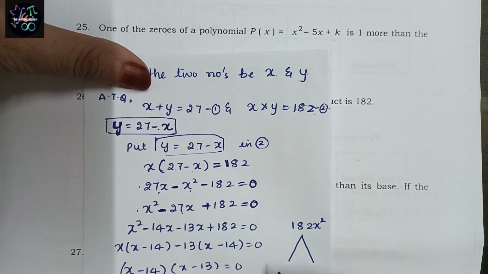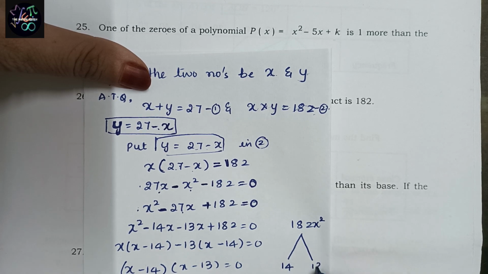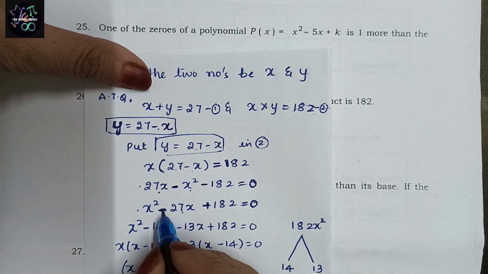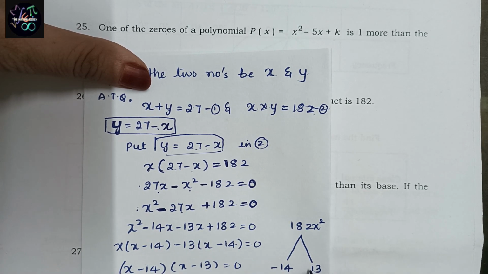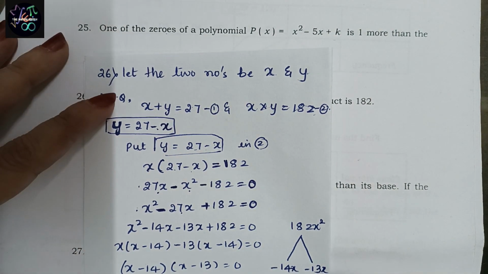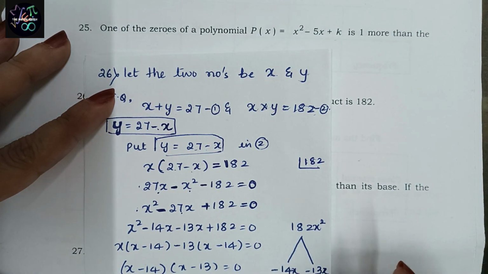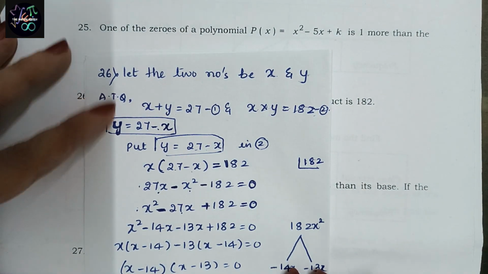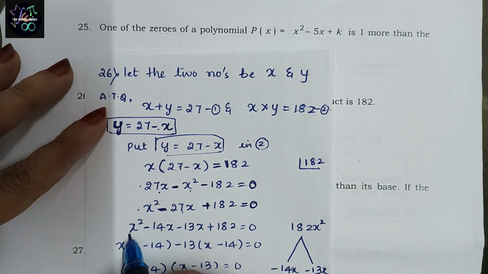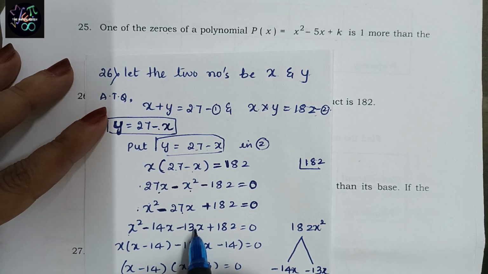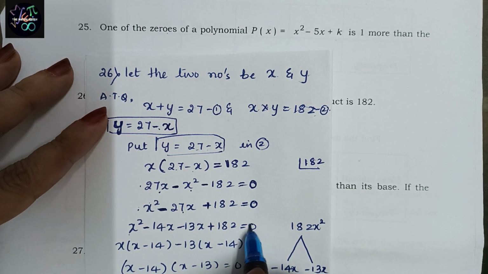So 14 13s are 182. But we need both minus 27, so both having minus sign, minus 14x minus 13x. If you didn't get this, we have to do this way and we have to find the value, we get the proper numbers. Now x square as it is, minus 14x minus 13x plus 182 is equals to 0.